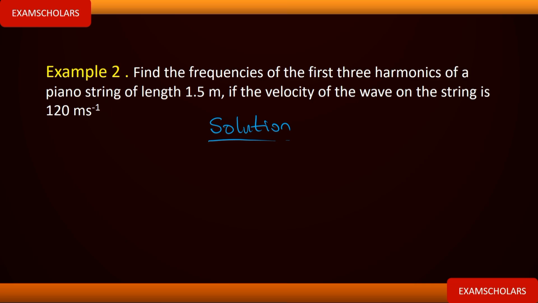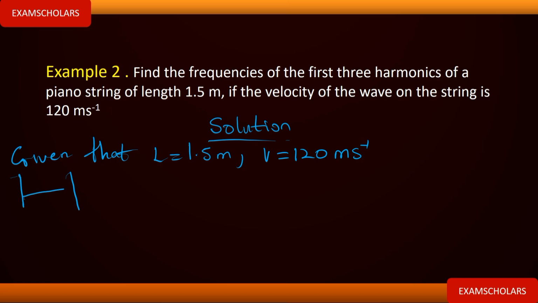Now we are given some parameters. The first thing you're given is L, the length of the string, which is 1.5 meter, already in SI unit. Then you're given velocity V, which is equal to 120 meter per second. Now for the first harmonic of a vibrating string, you have something that looks like this.